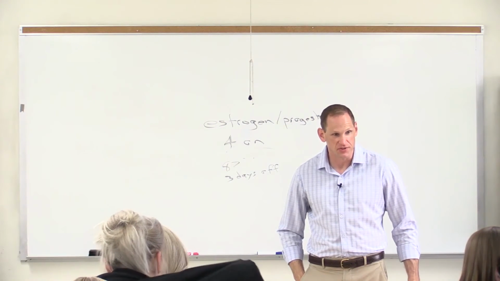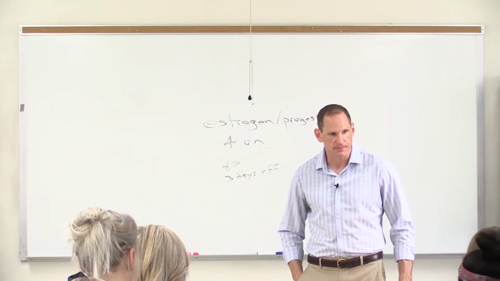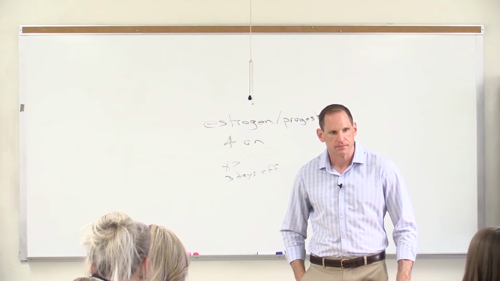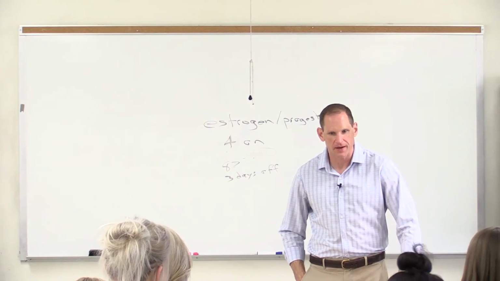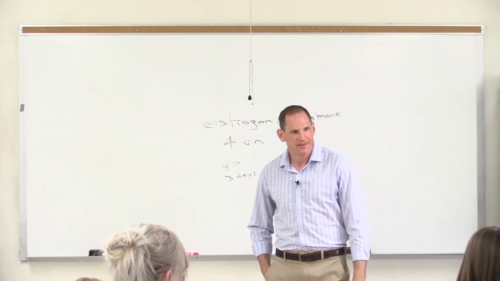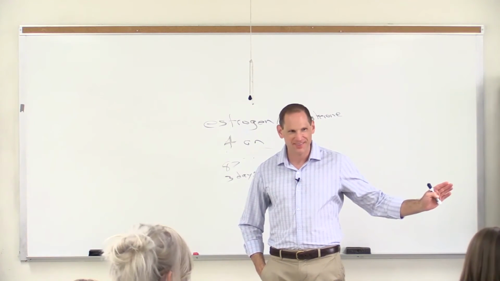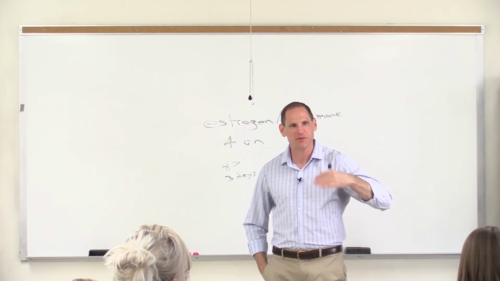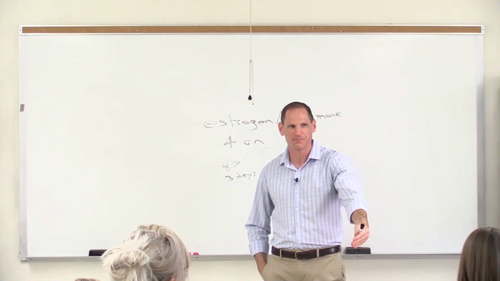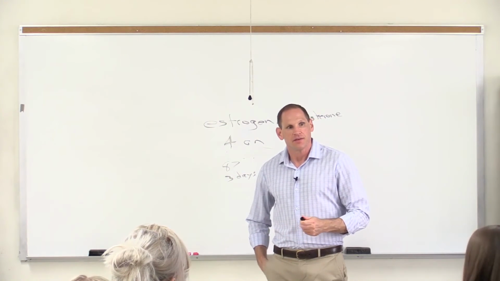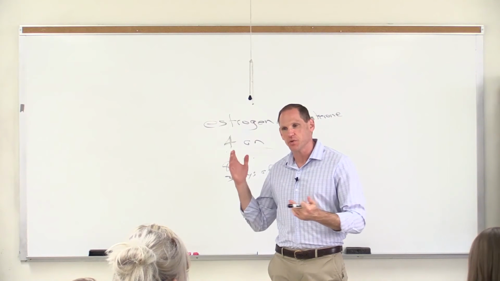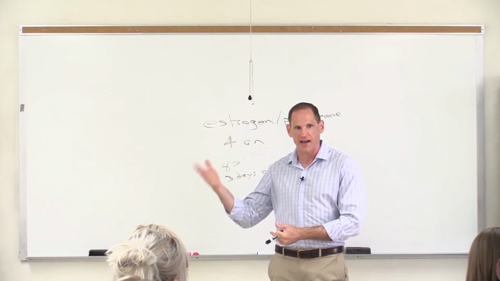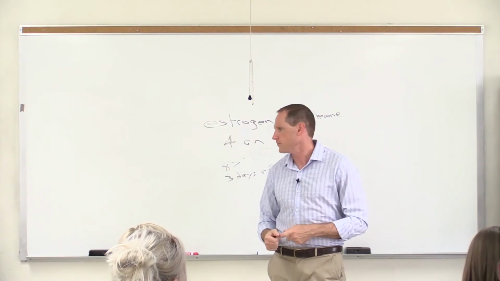Because you didn't have enough estrogen to suppress everything, to suppress your body's natural stuff. That's all we need to know for now, we don't need to be more technical than that. So this was combination therapy: it has estrogen and progesterone.